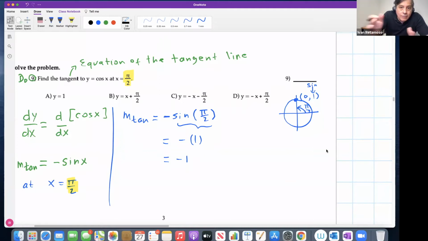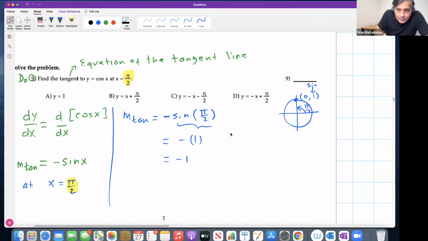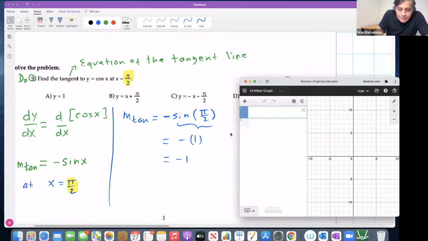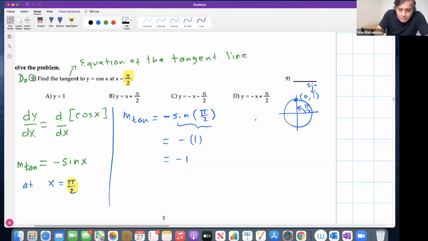But let's say you forgot the unit circle and you just want to get this done. If you want to use the calculator, you can, guys, but just be careful. Remember, make sure you're working in radians. So I use the calculator just to confirm.